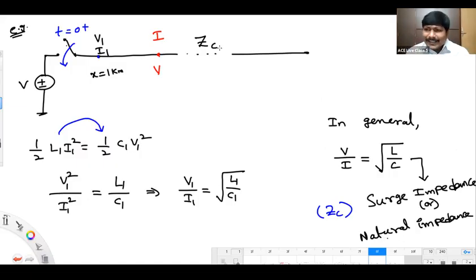Who will decide the characteristic of the medium? Material and dimensions. Yes or no? Material means the material by which the conductor was manufactured, the surrounding dielectric medium, and the size of the conductors and spacing between the conductors. These are the terms deciding the characteristic of the medium through which this electromagnetic wave is going to propagate.